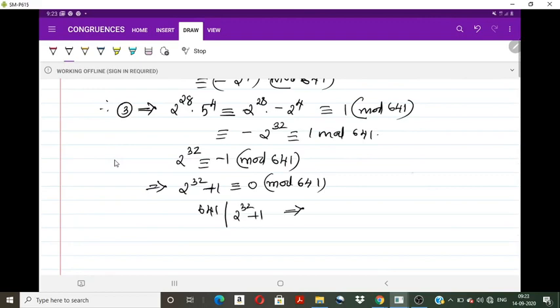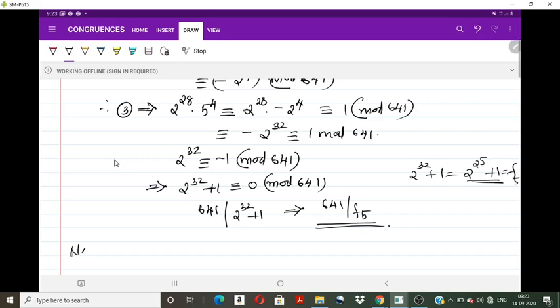That is 2 raised to 2^5 plus 1, which is F5, the fifth Fermat number. So 641 divides F5. So this is an alternative proof for the problem we have already proved in the section on Fermat numbers.